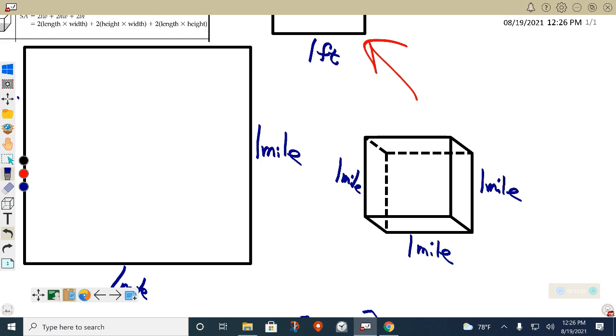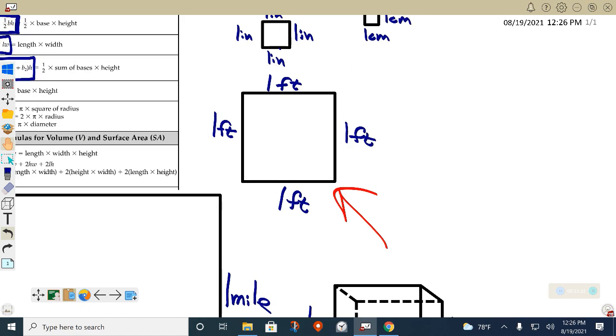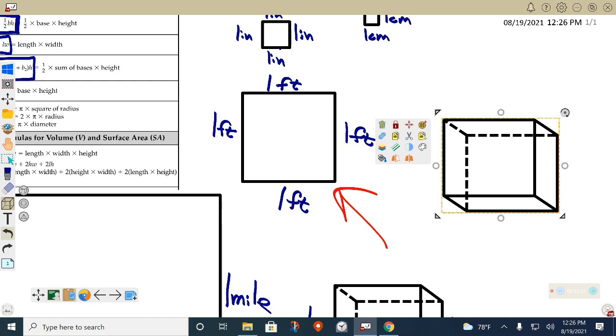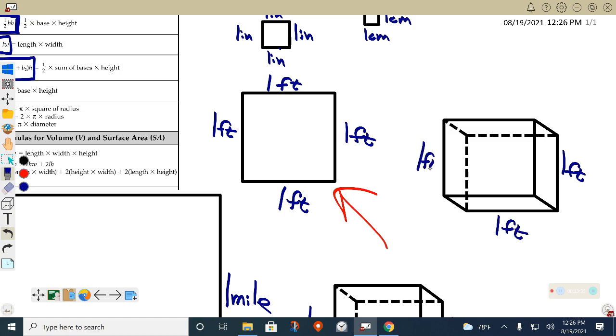I know how huge that would be. Or what would this be called, Mr. Robles? Every edge is 1 foot on the cube. Cubic foot? A cubic foot.